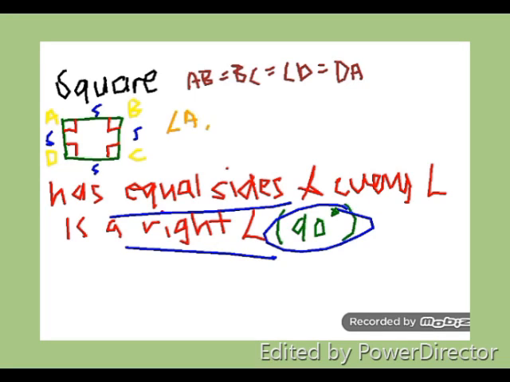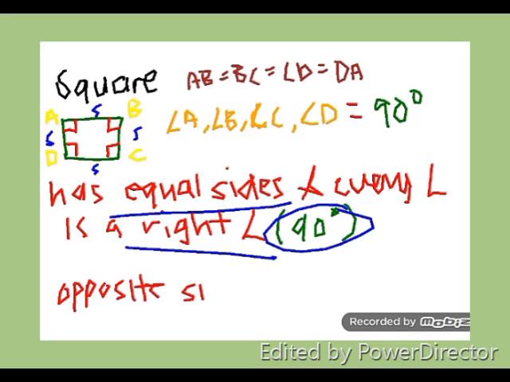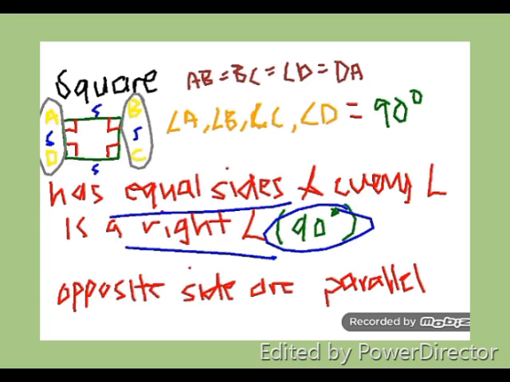AB is equals to BC is equals to CD and equals to DA. Opposite sides are parallel. AD is parallel to BC and AB is parallel to DC.